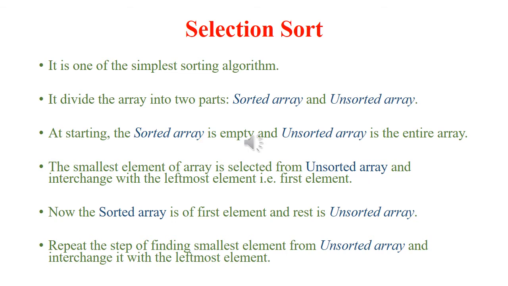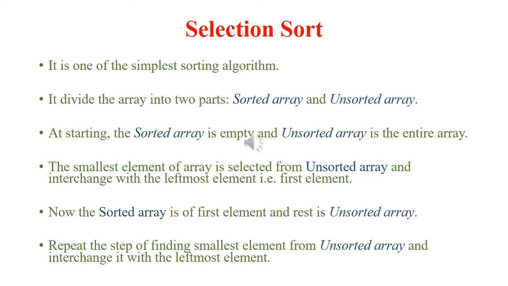I am not talking about the last element; maybe there are 100 elements. So you find the smallest element from second to 100th element, and you find that somewhere at location 50 there is the smallest element. Now you interchange that smallest element with the leftmost element, that is the second element.